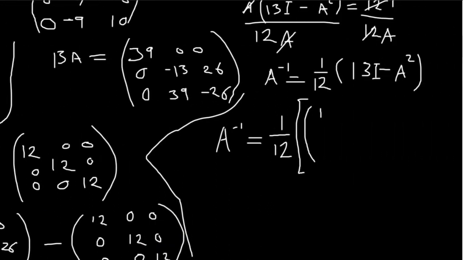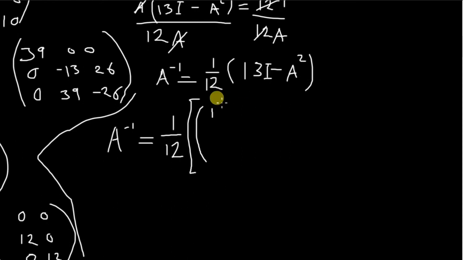So meaning 13 times I will give us 13 on the leading diagonal like that. So let me just write this matrix properly. So I'm going to have 13 on the leading diagonal. You have that, and then I'll subtract a squared.